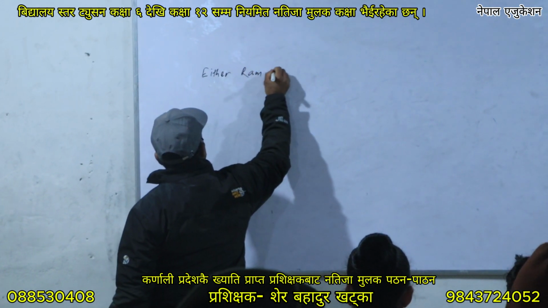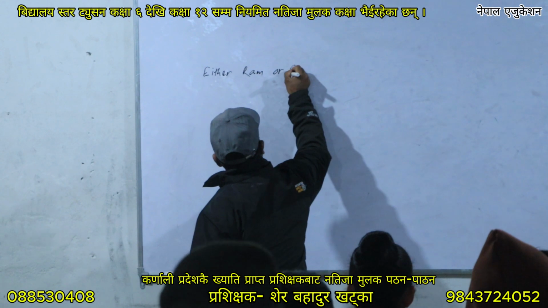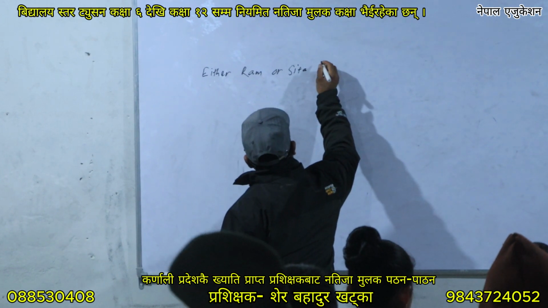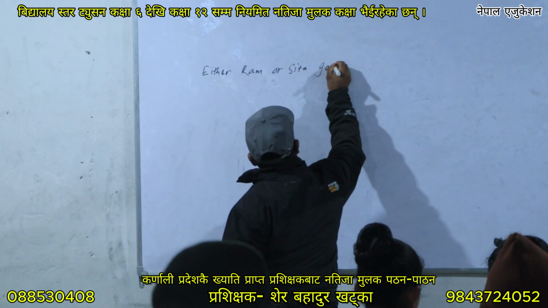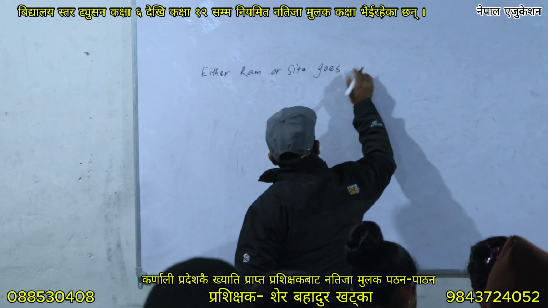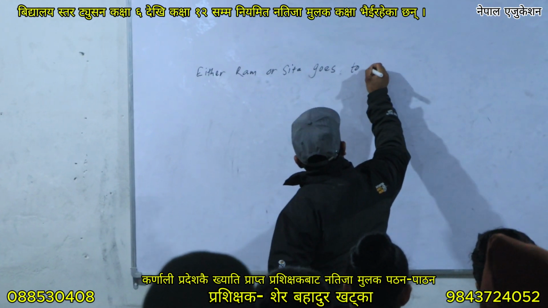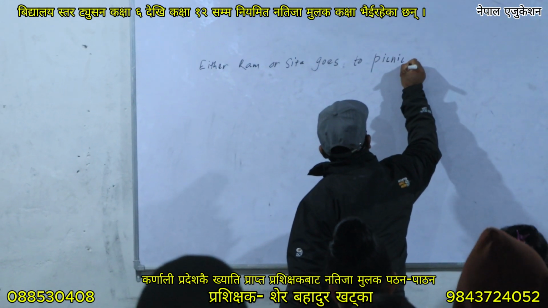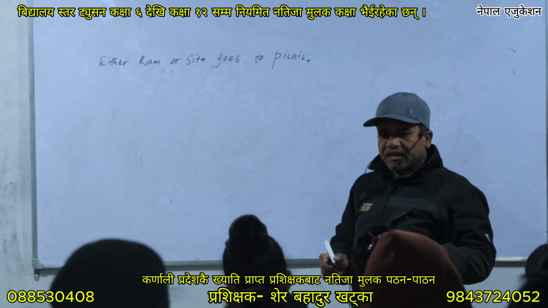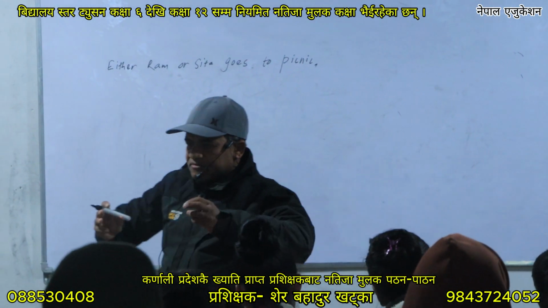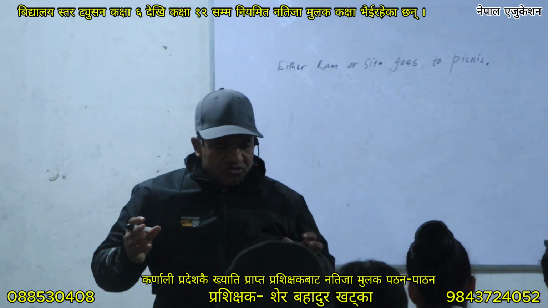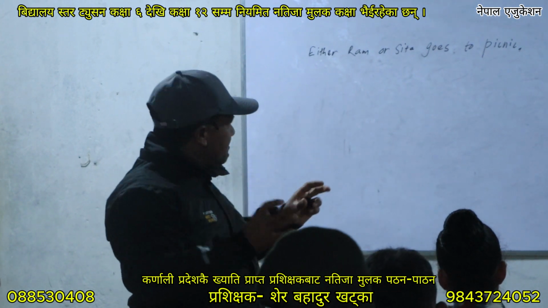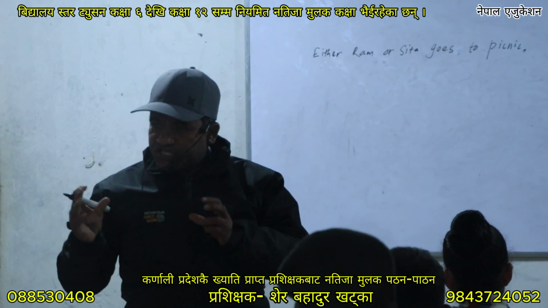And some other cases, for example, either Ram or Sita goes to picnic. Either Ram or Sita. Here, today I am making a short discussion about some special types of structure.